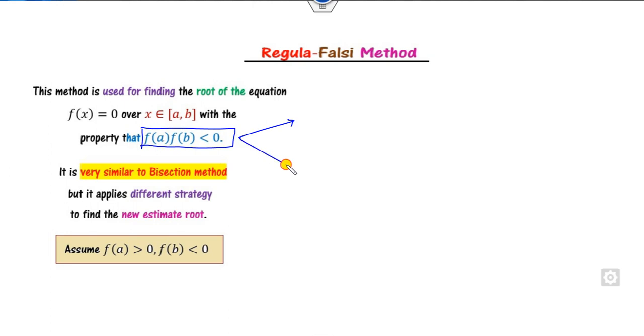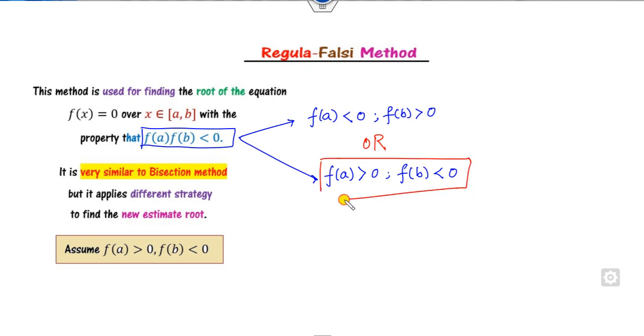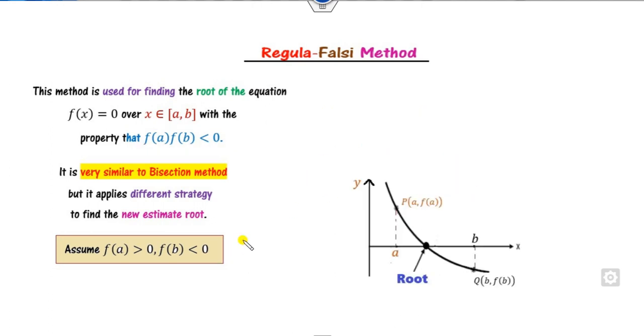There are two cases: either f(a) is less than 0 and f(b) is greater than 0, or f(a) is greater than 0 and f(b) is less than 0. Both approaches are the same, so I assume this case here.